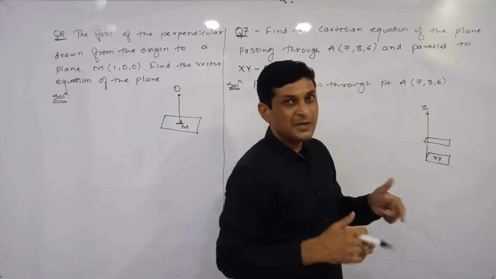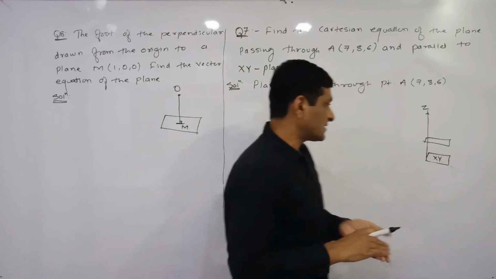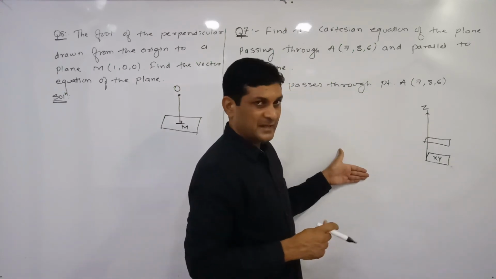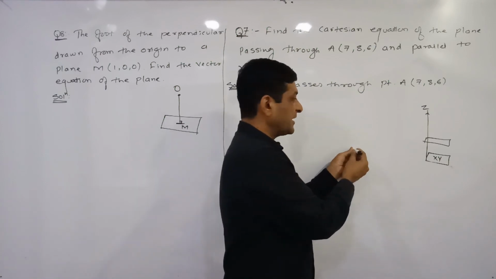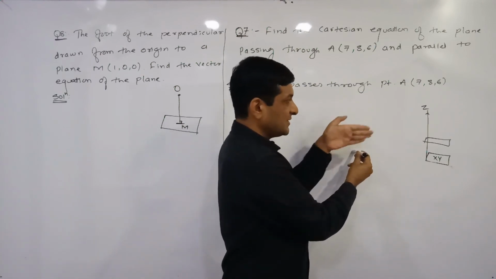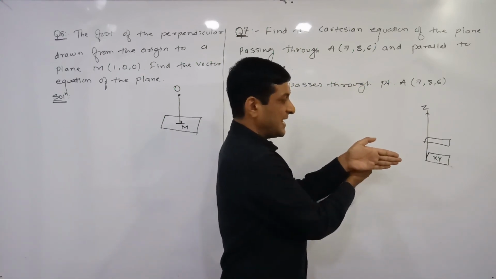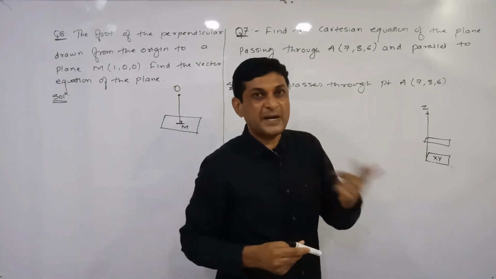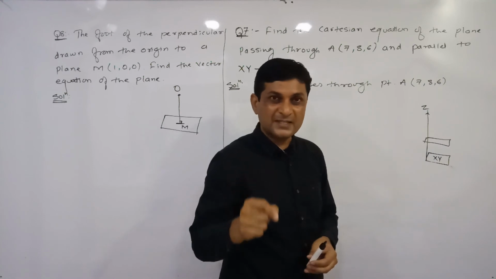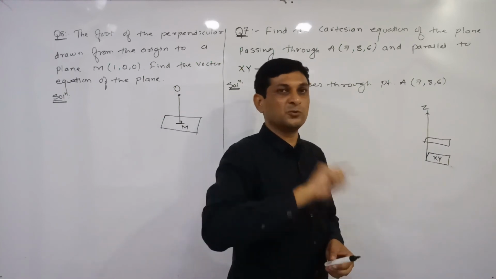And if it is perpendicular to the plane, we can say that the Z axis is normal to the required plane.